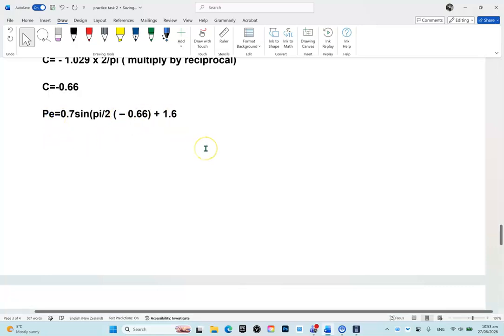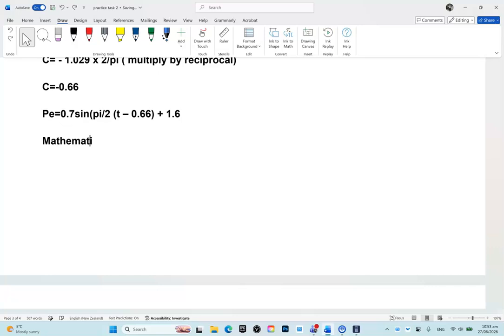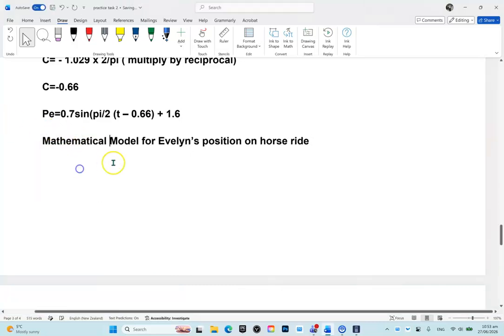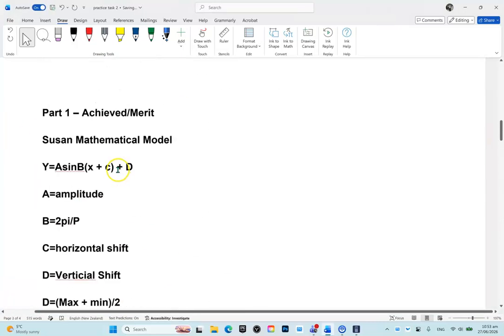And then instead of x, we're going to have a time value. And that is the mathematical model for Evelyn's position on horse ride. There we go. So that is task 1 done.